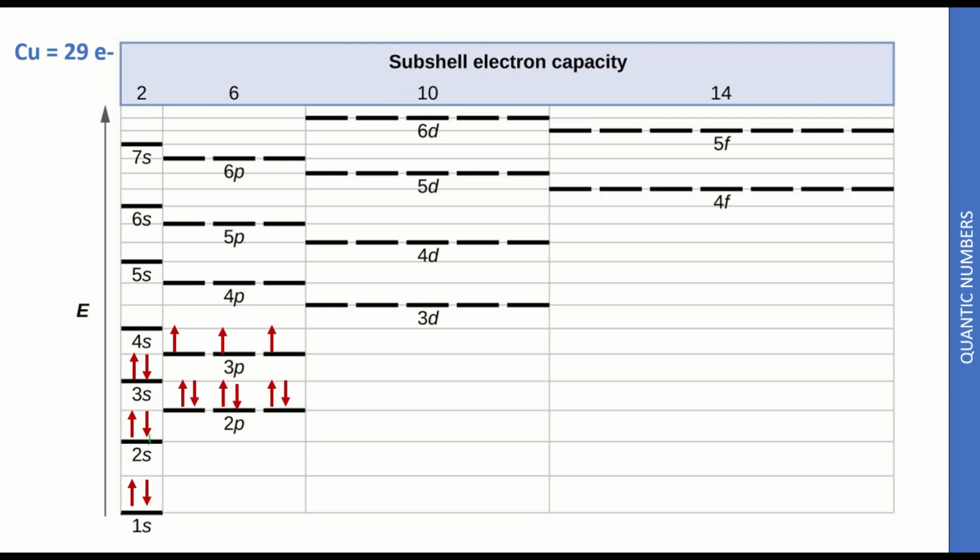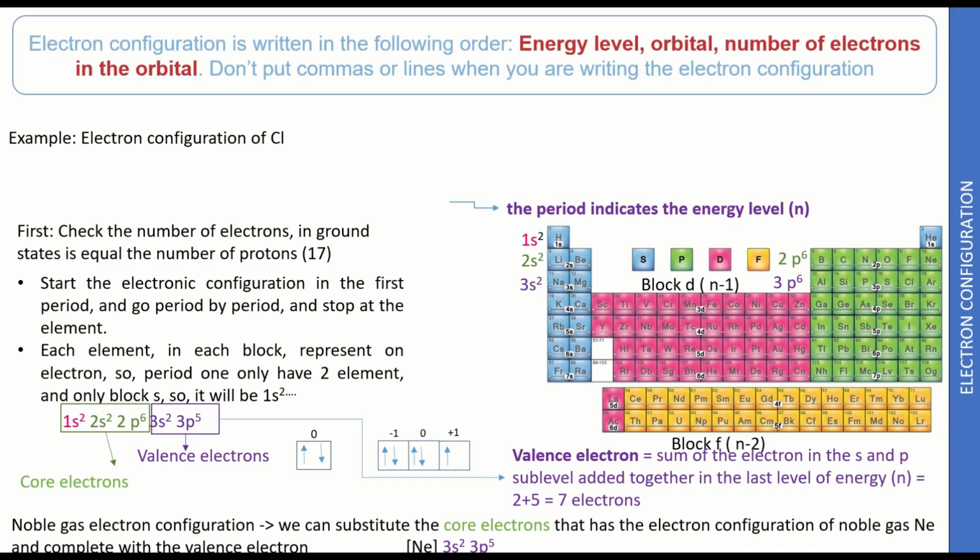Okay, so let's keep going. Just a reminder of how we do the electron configuration: you write down the last level of energy that includes the S and P sublevels containing the valence electrons.